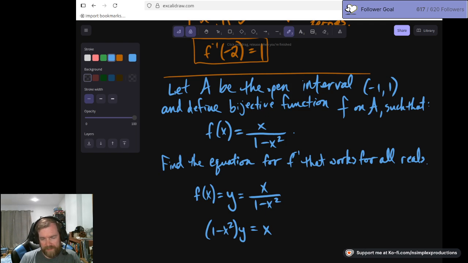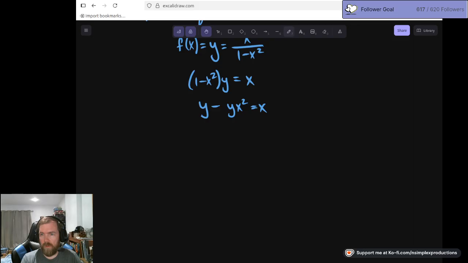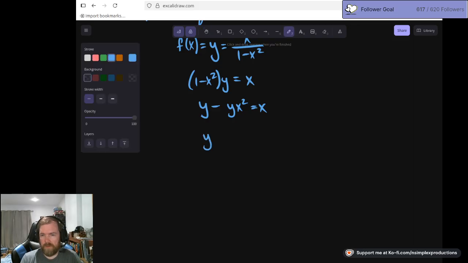Not exactly going to work, but y minus yx squared is going to be equal to x. I'm going to shift that one over. So y is equal to x plus yx squared, which is x times 1 plus xy or yx, whatever we're doing.